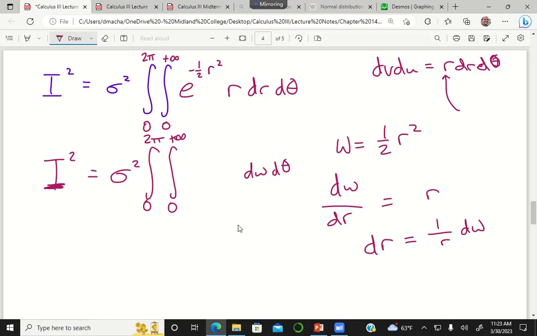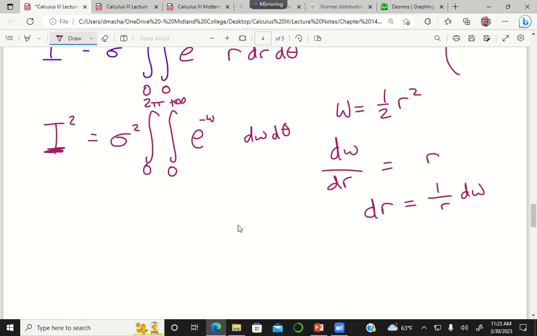Now my integrand is e to the power negative w. So this is looking like something we can solve. This will be the integral from 0 to 2 pi of, and this has an antiderivative of negative e to the power negative w.